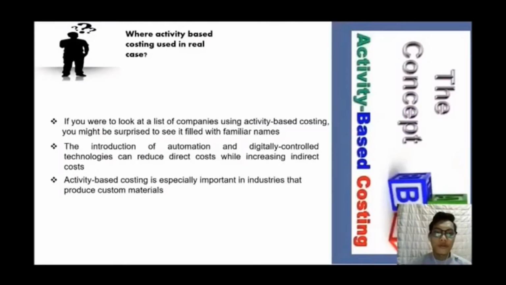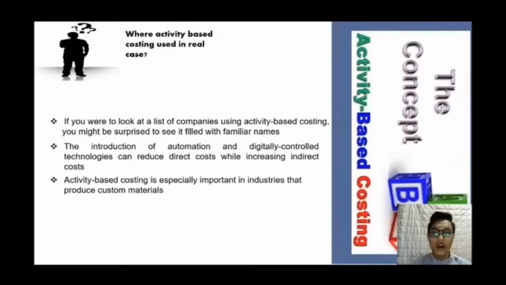A pupil would like to ask where activity-based costing is used. Activity-based costing is most helpful in the manufacturing industry, where overhead costs are a very large portion of production costs. If you were to look at a list of companies using activity-based costing, you might be surprised to see it filled with familiar names.